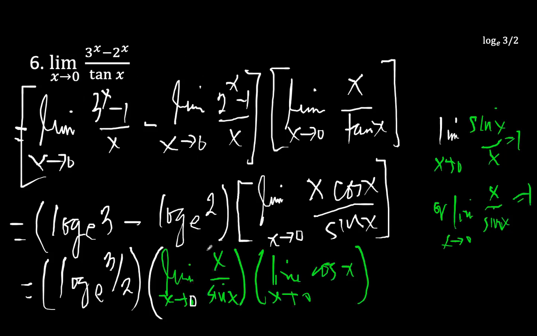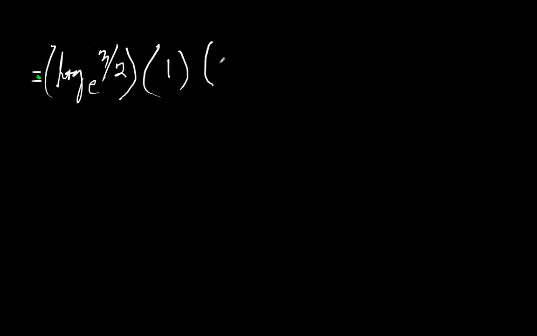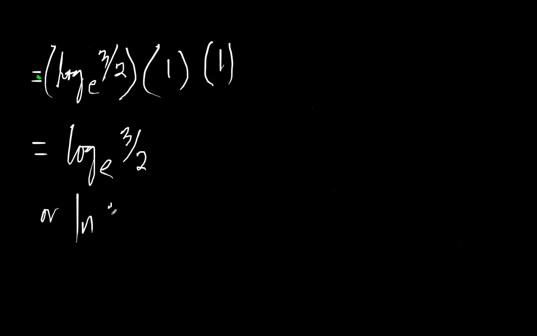And how about the limit of cosine x as x approaches 0? Since 0 is in the domain of the given function cosine x, we are allowed to do direct substitution. So what is cosine 0? That's 1, right? So therefore, that's 1. And our final answer is the logarithm of 3 over 2 base e, or we could write it as the natural logarithm of 3 over 2.